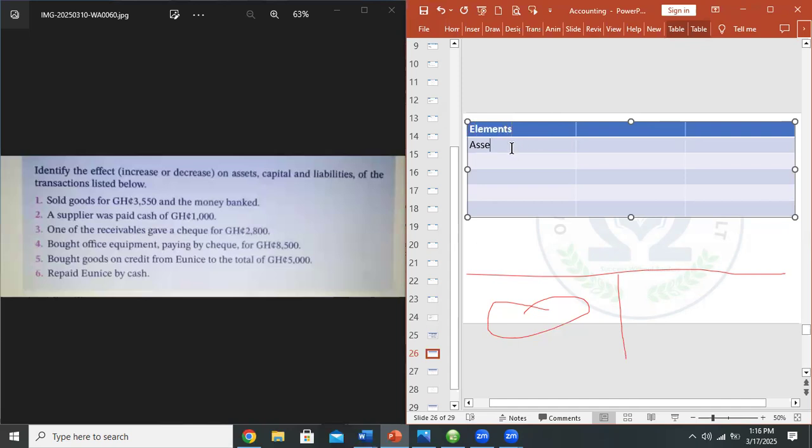So we have assets, and you see the assets and expenses behave, or they have similar behavior, right? And then capital, liability, and then income. They also have the same behavior.